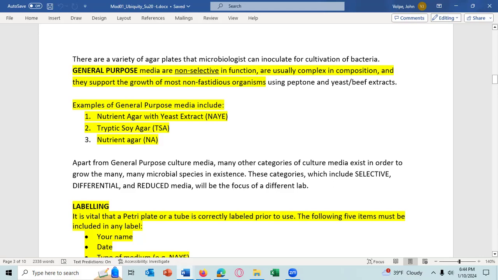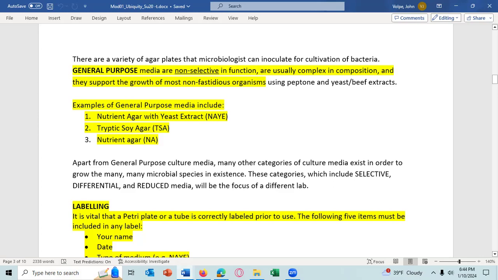Today we're not going to talk much about fastidious cells, but Streptococcus pyogenes, which causes strep throat and a whole bunch of other human diseases, is a fastidious organism. We cannot get it to grow on a general purpose media.